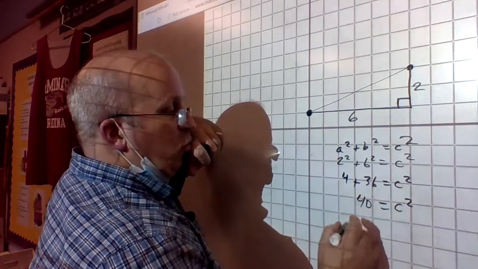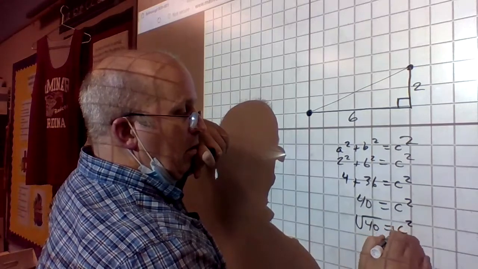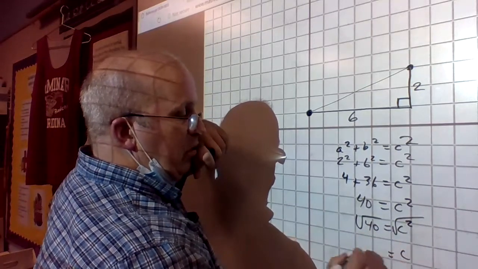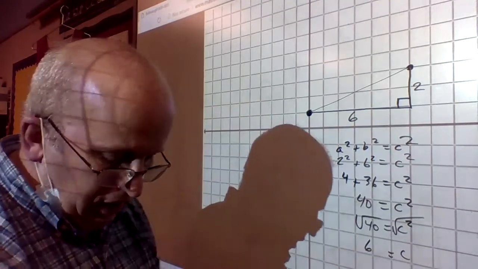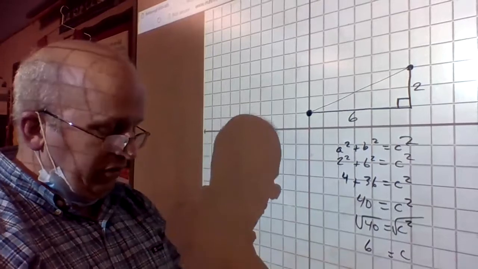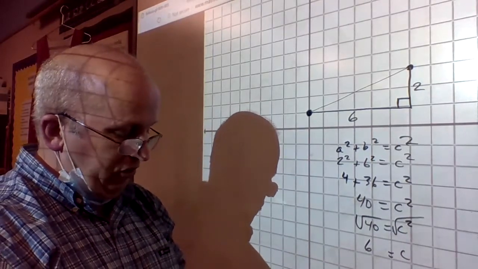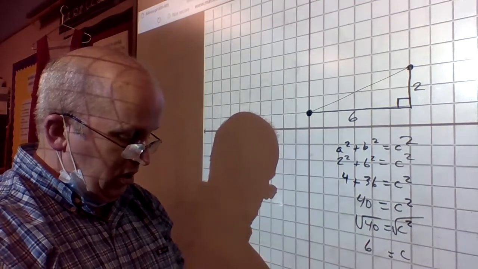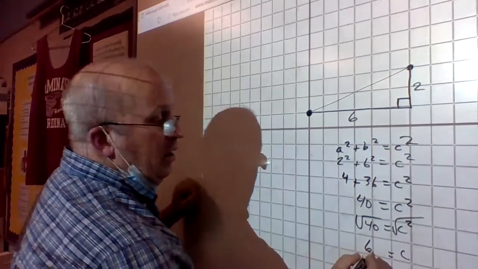We take the square root of both sides, and we get a c value of something a little bit bigger than 6. I don't know what it is exactly, I just know it's bigger than 6 because 6 times 6 is 36 and 7 times 7 is 49. So I'm going to turn on a calculator and press it in, and I get 6.3.